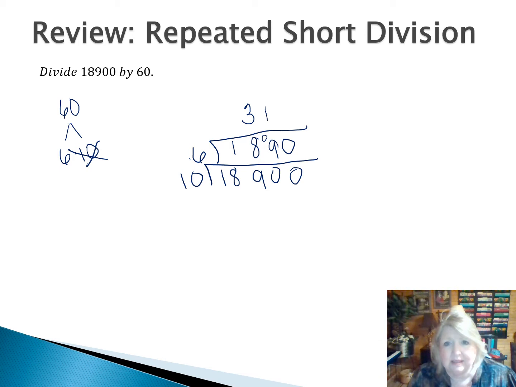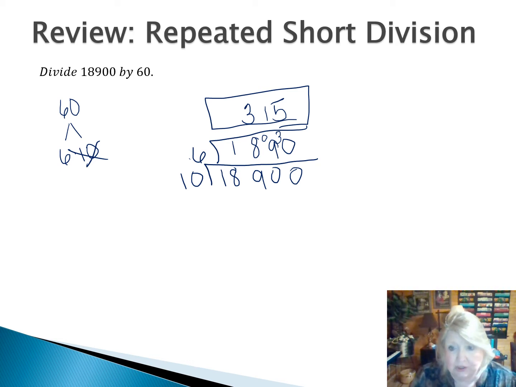And then 6 goes into 30, if I can ever get my 3 written. 6 goes into 30 5 times with nothing left over. Notice I got the same exact answer, and although I did 2 divisions, by being short divisions, it worked out quicker.